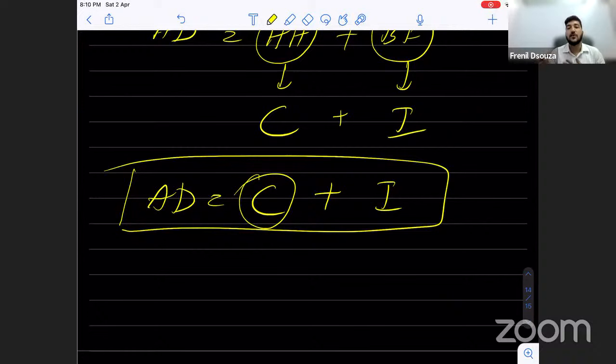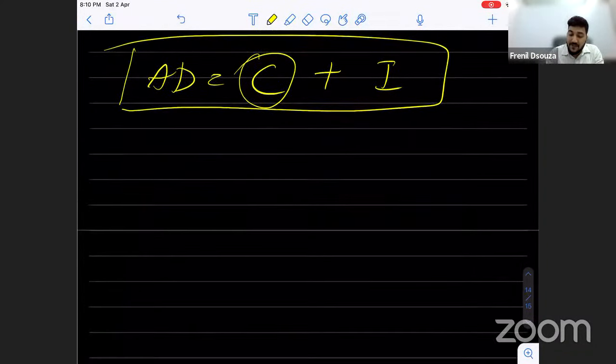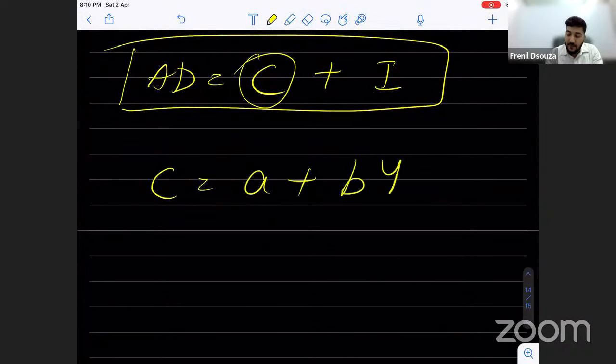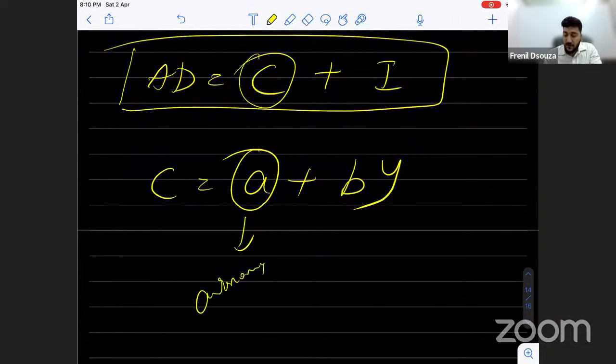If you have gone through the regular classes, you know what I'm talking about, because we had divided that into three different segments: a linear function, linear proportional, and linear non-proportional, or curvilinear function, where I explained what C is. C is represented like this: A plus BY. What is A? A is nothing but autonomous consumption. What do you mean by autonomous consumption?